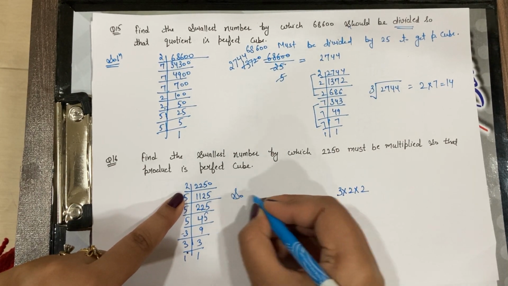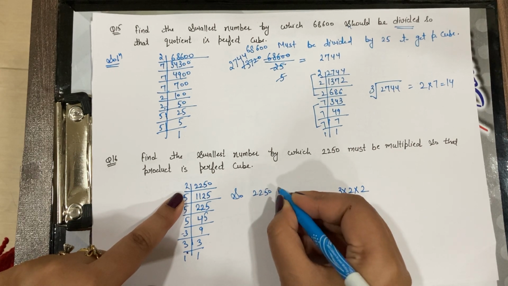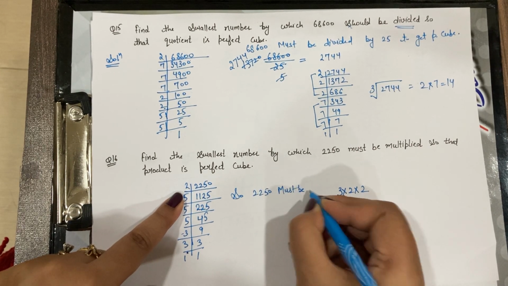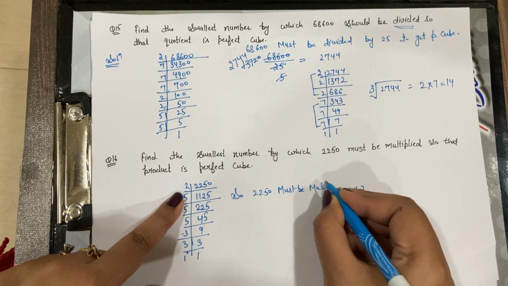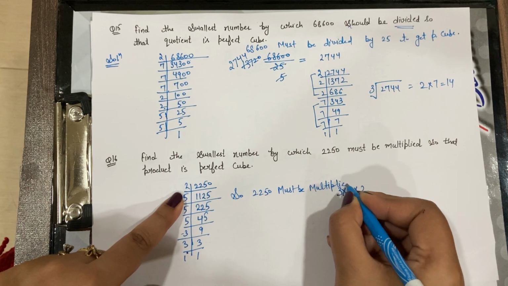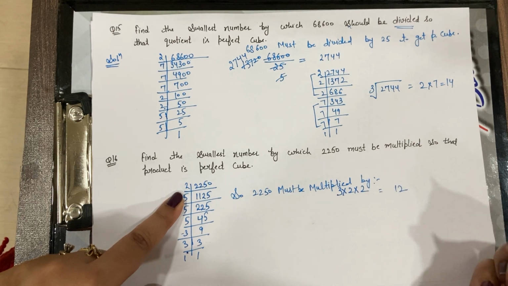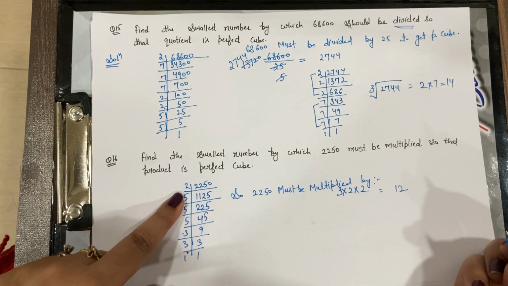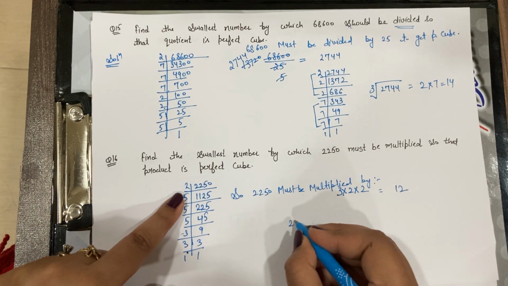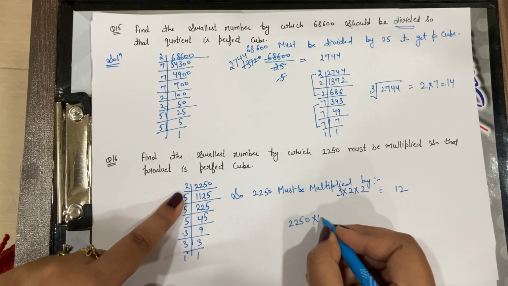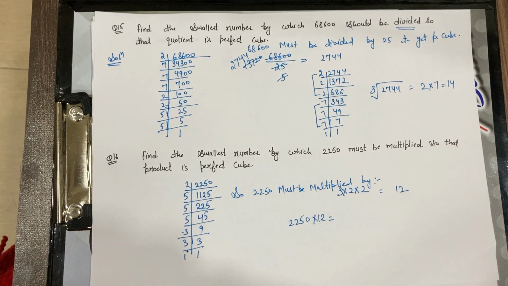So 2250 must be multiplied by 12 to get the perfect cube. Now the concept is the same. Multiplied by 12, see what number you get and check whether it is a perfect cube or not.